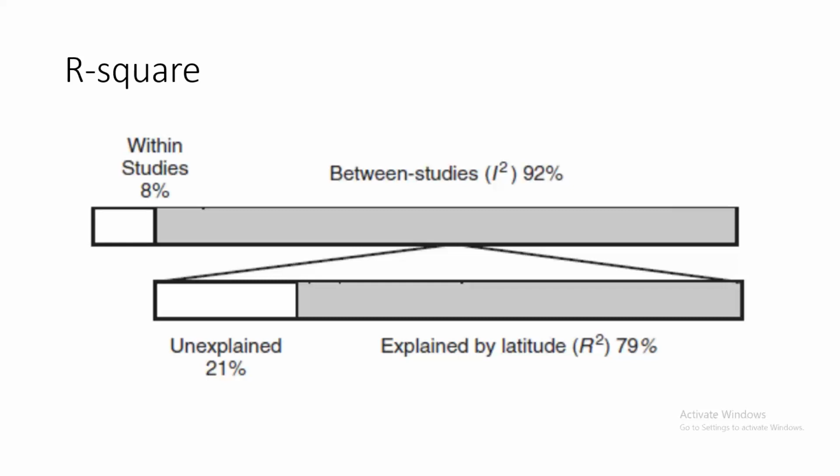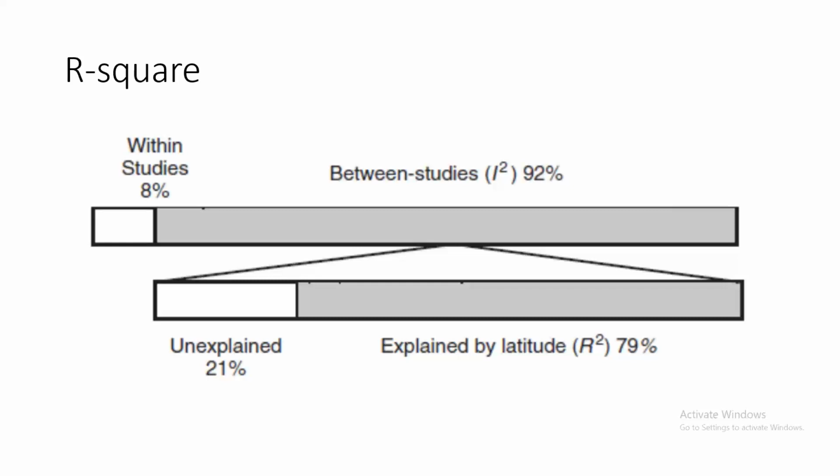That's all I want. Okay, so between study error 92%, I square 92%, 92% of my variance is coming between studies. I want to see if my moderator, in this case, latitude, the place where the study has been done, is this moderator explaining this variance?